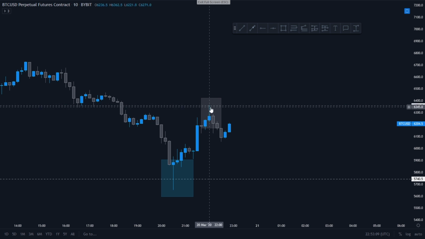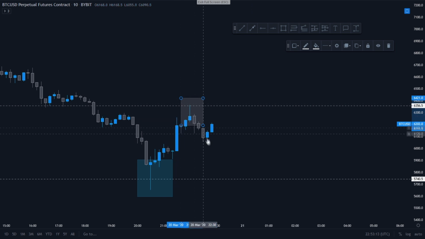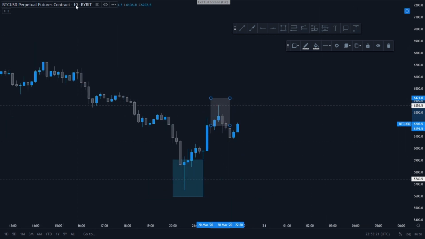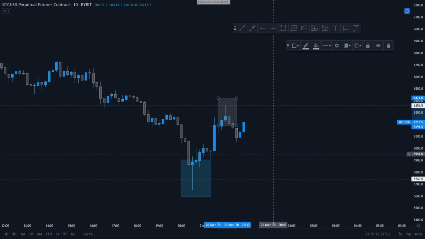You could have sold. You don't always have to enter a short trade when you see a pin bar candle has formed, because in this time frame it doesn't always mean that the price will go a long way down, because you have demand here.